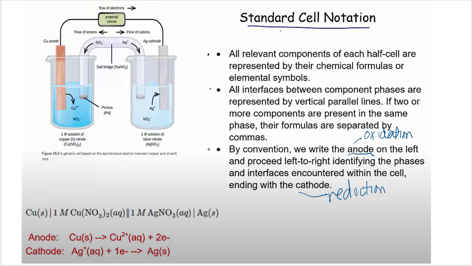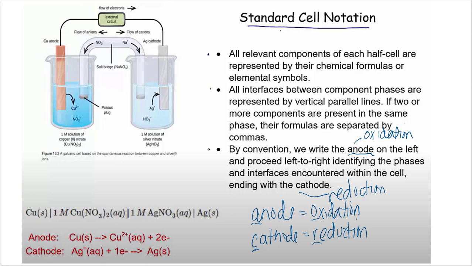One way that I use is anode starts with a vowel and oxidation starts with a vowel. And cathode starts with a consonant and reduction also starts with a consonant. Hopefully that helps you too.